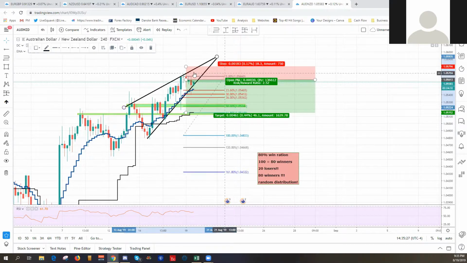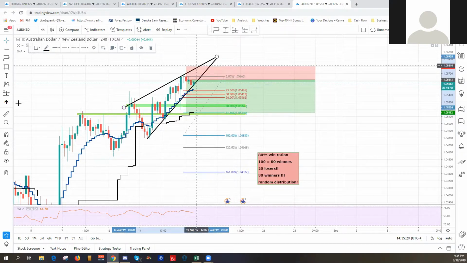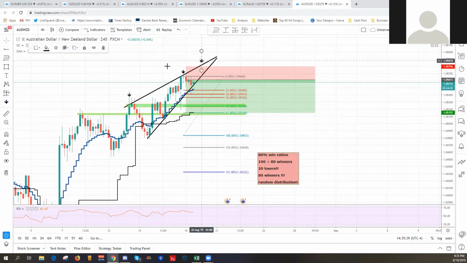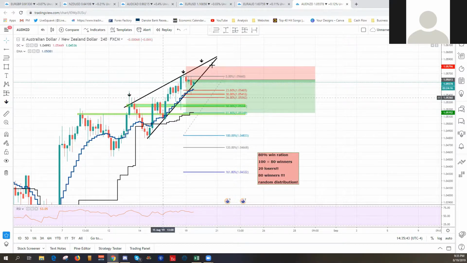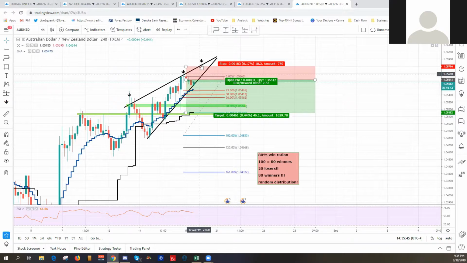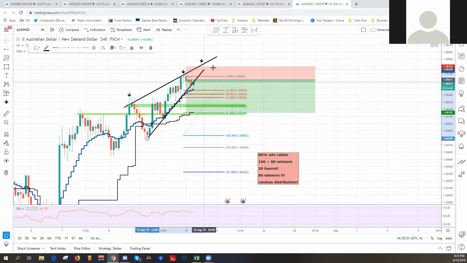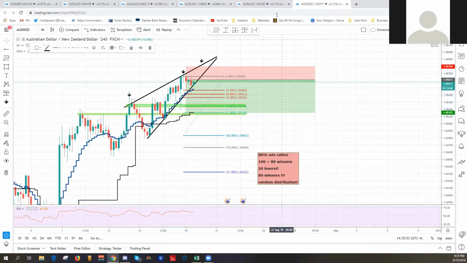So we could make a new top, creating a three higher highs pattern. 1, 2, and then somewhere up here, number 3. Now, if that happens, that's your selling point. Three higher highs connected with a trend line, easy, if price action closes there. So we don't know yet if this is the contraction or this, but anyway, we'll find out.